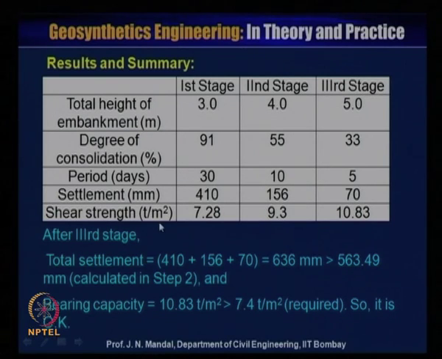Shear strength in ton per meter square is, in the first stage 7.28, then second stage 9.3 ton per meter square, and the third stage 10.83 ton per meter square. So, after this third stage, the total settlement we find is 410 plus 156 plus 70, that means 636 millimeter.